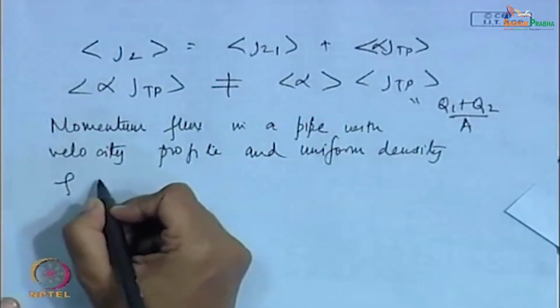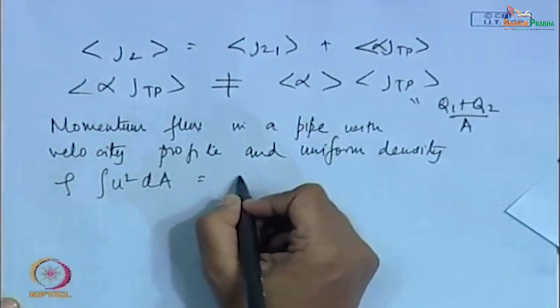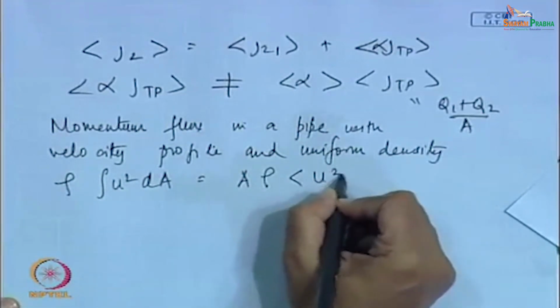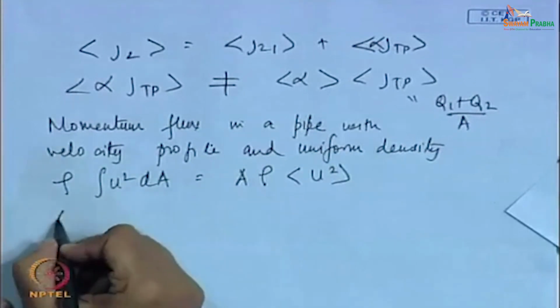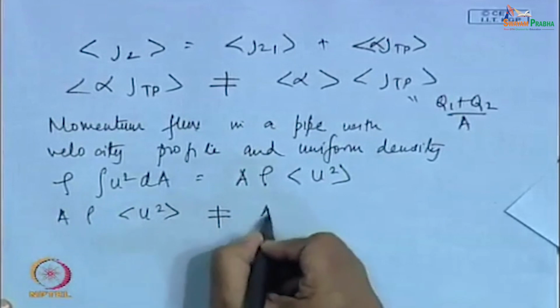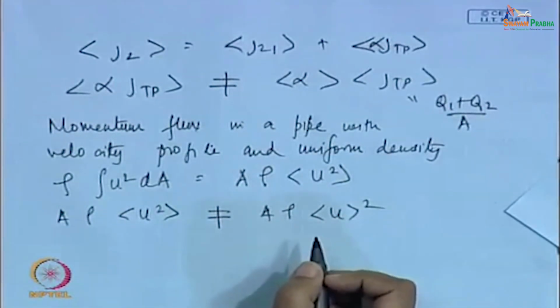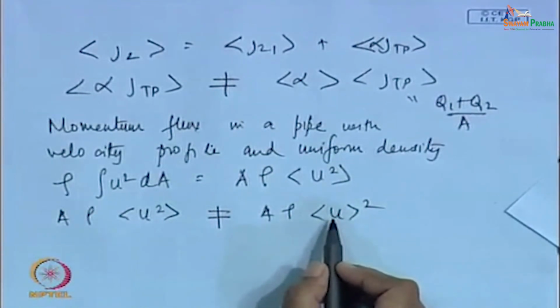So, this is given as integral of rho u square dA, is it not? Now, we knew that this integral of rho u square dA is not equal to the rho times the average velocity squared times A, but this is a much more easily measurable parameter.